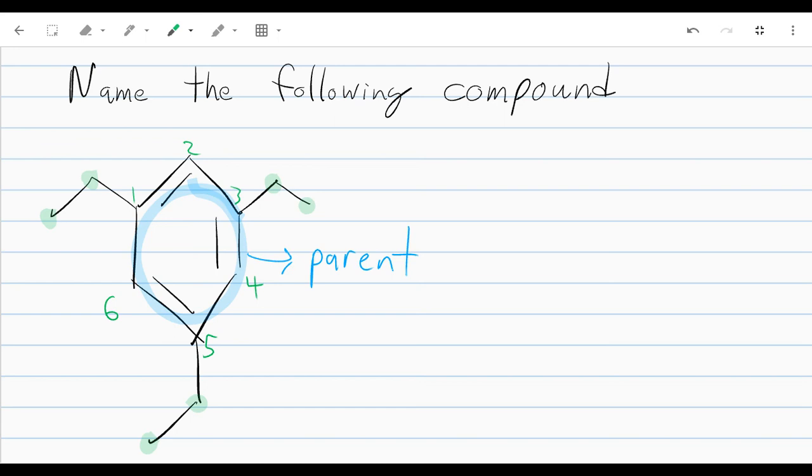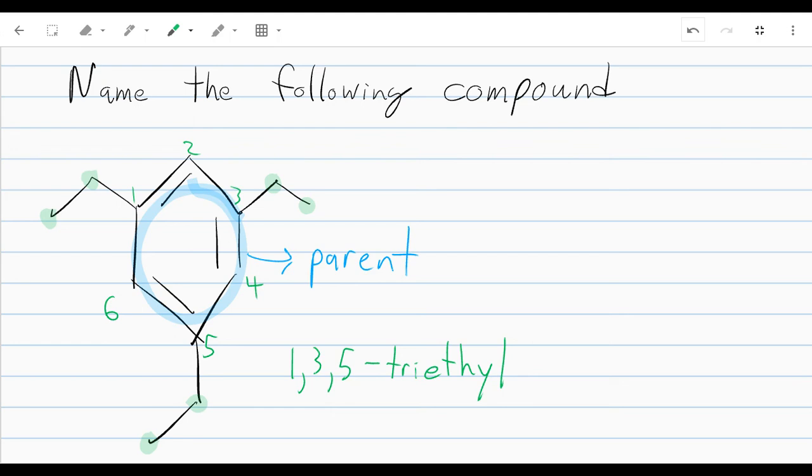Okay, so it looks like I have 2 carbon branches, so that'll be ethyl branches on carbons 1, 3, and 5. So I'm going to start off by writing 1, 3, 5. There's 3 of them, so it's going to be triethyl, because ethyl means a 2-carbon branch.